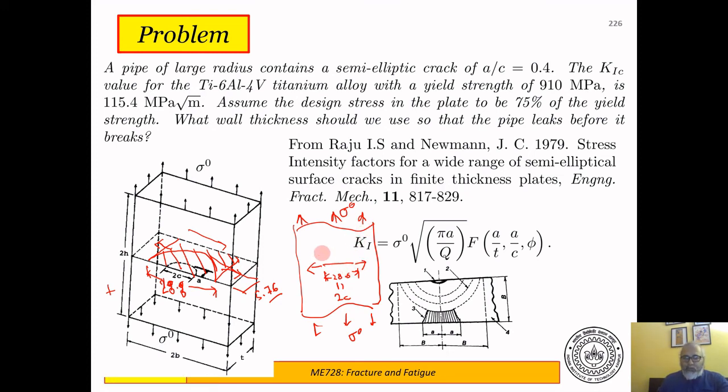We have to figure out what is the stress intensity factor for this case. The stress intensity factor is equal to sigma naught root pi a, that is for the Griffith problem. And if this sigma naught root pi a is greater than K1C of the material, then this crack will start growing in this direction. So let us see how much this K1 is, whether it is greater than K1C for crack length 2c of 28.8 millimeter.